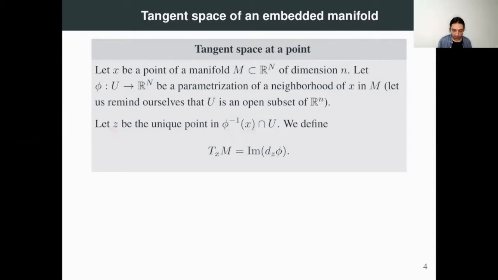And we can define the image of the differential of phi at the point c. Since this map is a linear map between R^n and R^N, this image is going to be a linear subspace of R^N. So we obtain in this way a linear subspace.